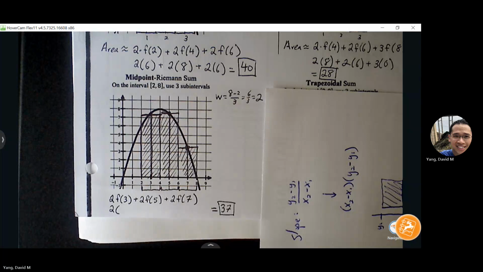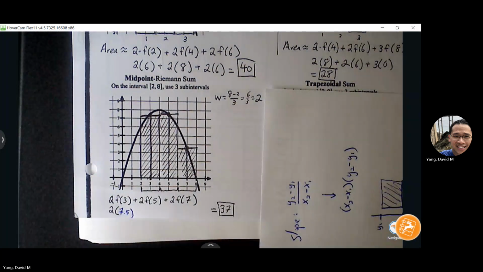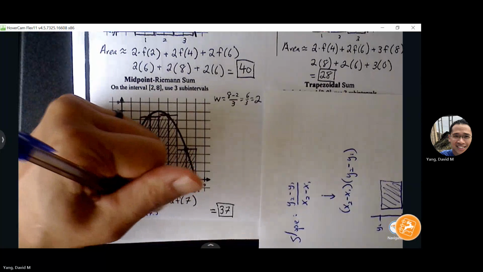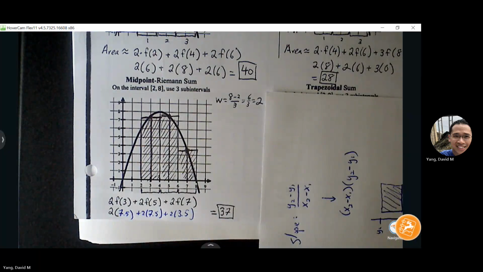The calculations here. I think 7.5, 7.5, and 3.5.